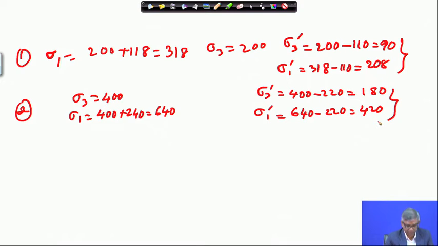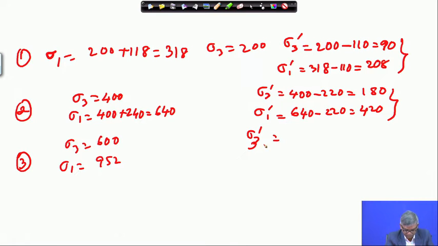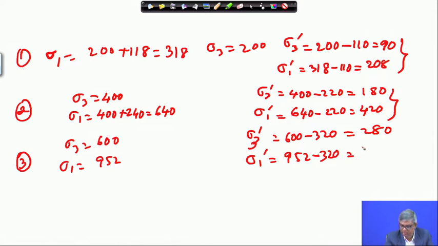So, this is another data set we are getting. For the third test, you can see sigma 3 is 600, then sigma 1 will be equal to 952 because you have to add the principal stress difference. Then sigma 3 dash will be equal to 600 minus 320, that will be equal to 280, and sigma 1 dash will be 952 minus 320, that is equal to 632.